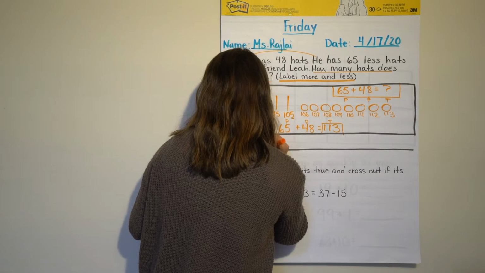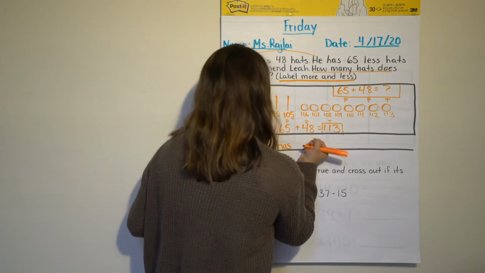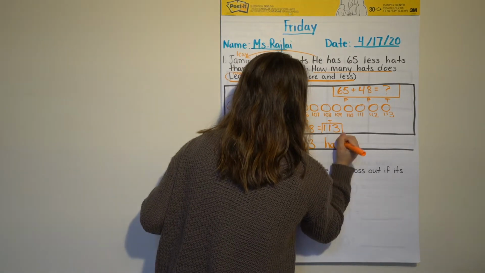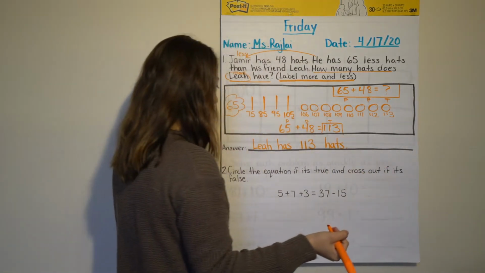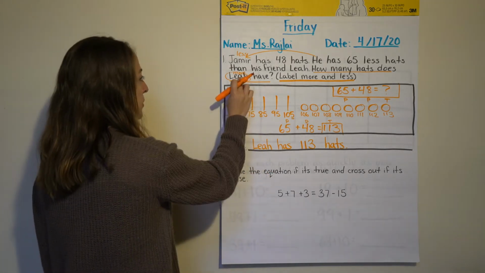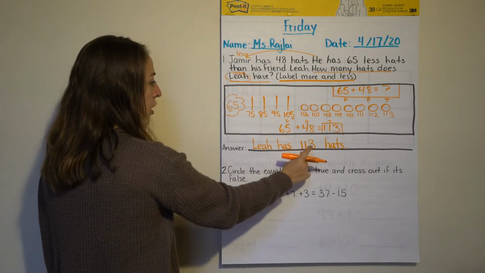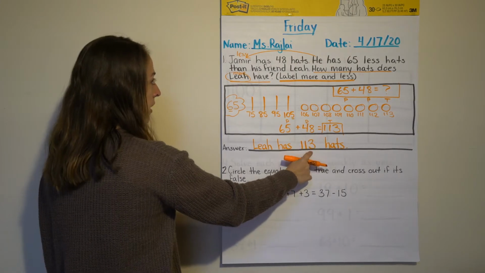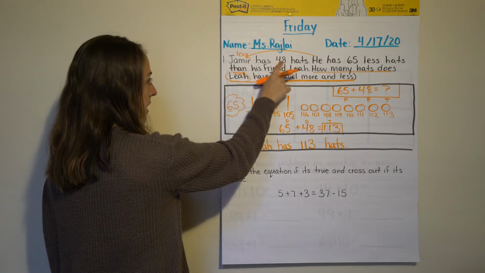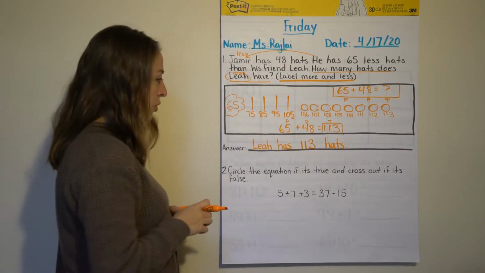Leah has 103 hats. And we know that this is correct because when we labeled that Leah has more, her number is bigger than Jameer's number. So that makes sense that he has less and she has more.